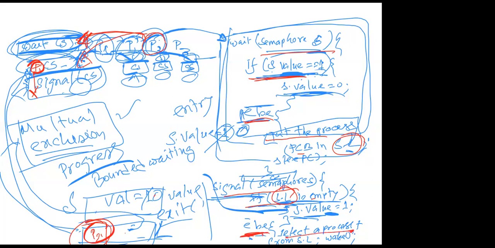It will select a process from this list. This is nothing but P2, and it will wake up. So process P2 will wake up, and the next step is the critical section. Process P2 will enter the critical section.